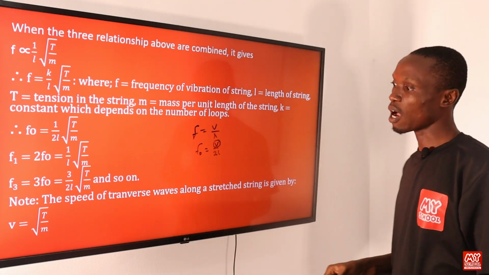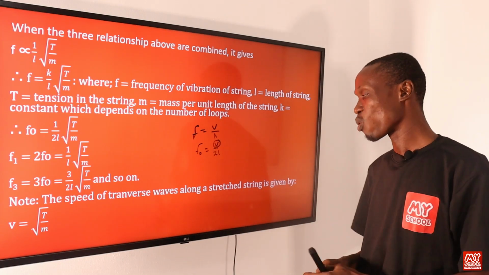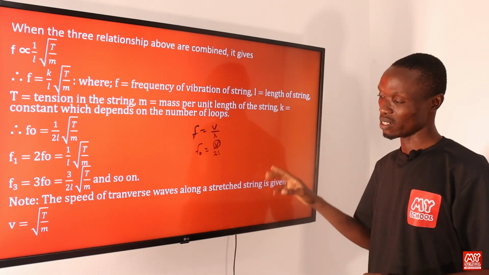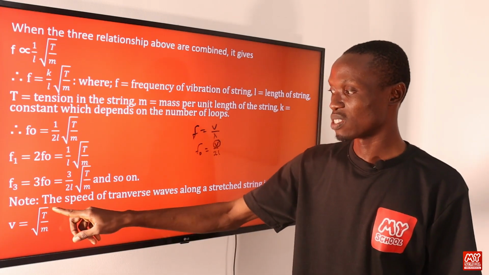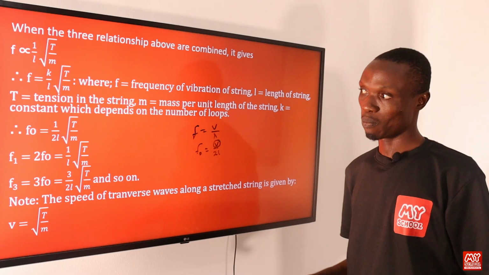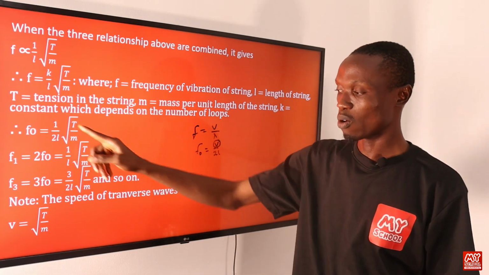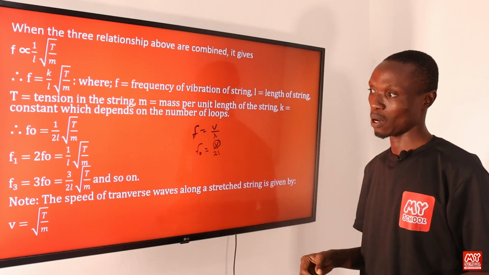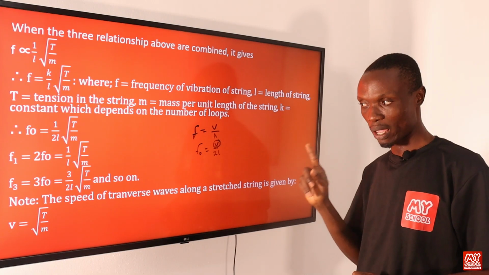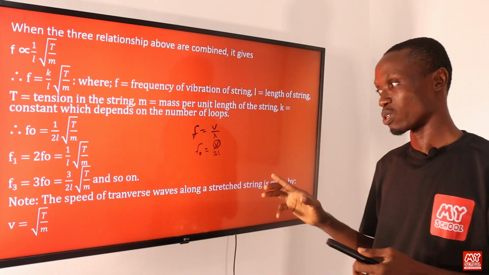It should be noted that the speed of transverse waves along a stretched string is given by V equals the square root of T over M. So that is what happened here: in place of V, we replaced it with root T over M. I'm emphasizing this for a reason, so that we take note of it.